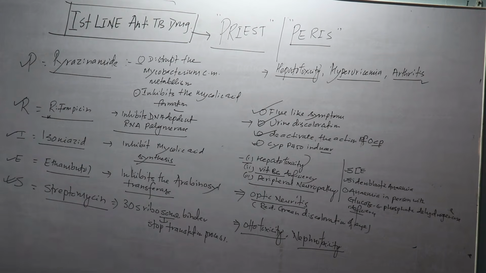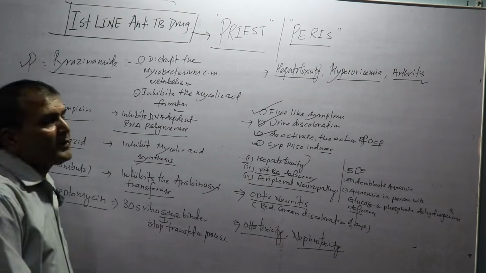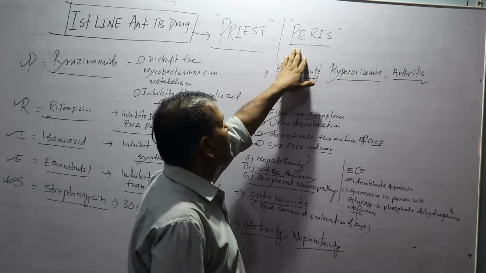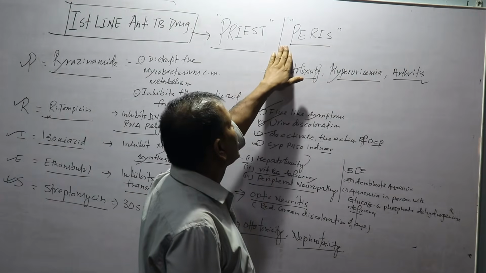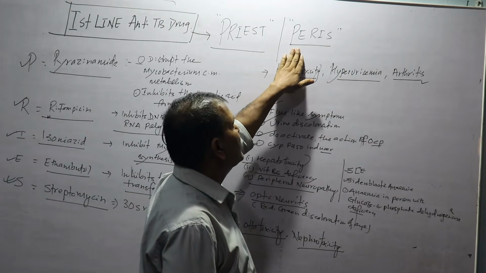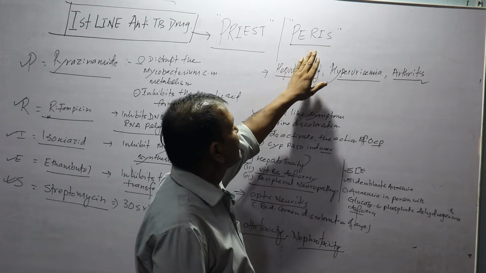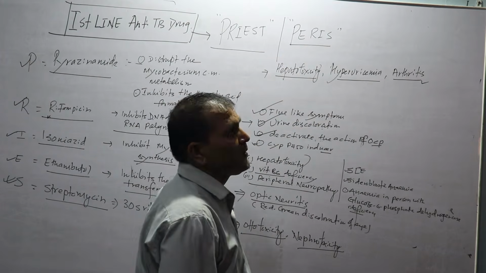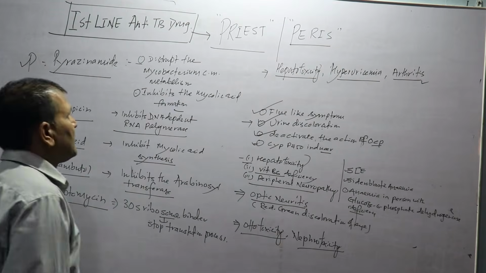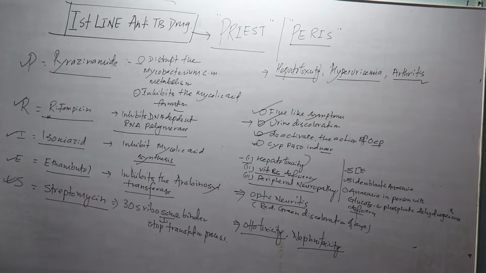Likewise, you can remember the first-line anti-TB drugs with varied mnemonics. P for pyrazinamide, E for ethambutol, R for rifampicin, I for isoniazid, S for streptomycin. I hope you better understand the mnemonics of first-line anti-TB drugs and their common side effects.